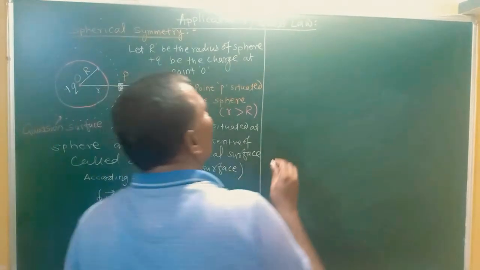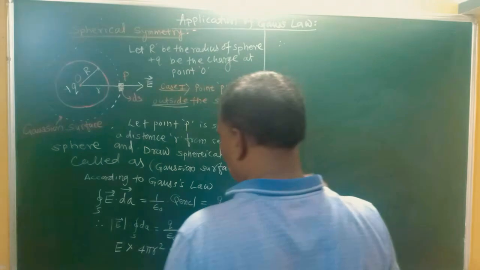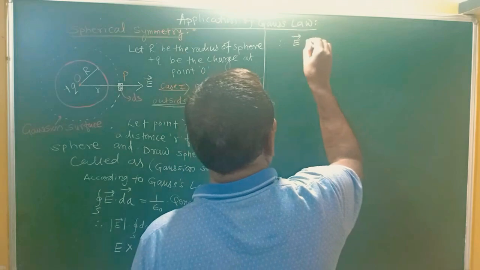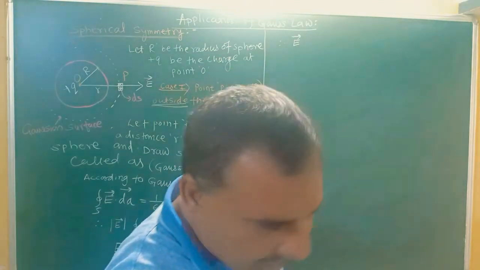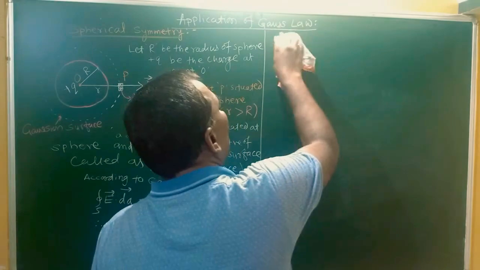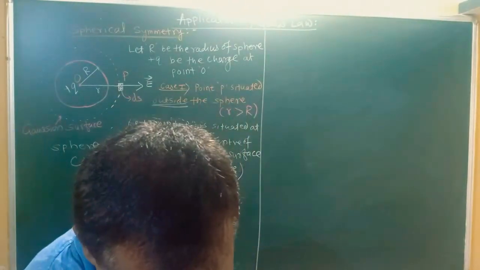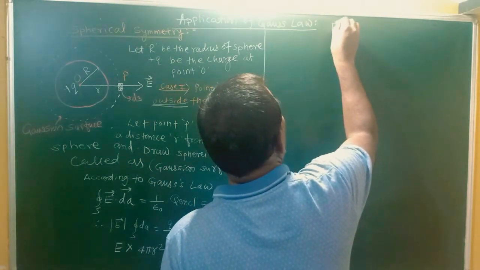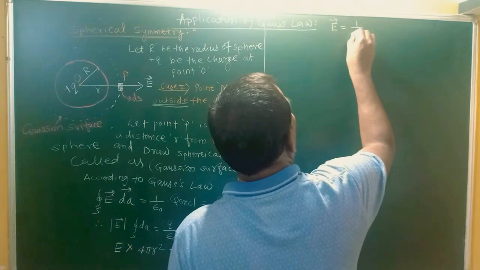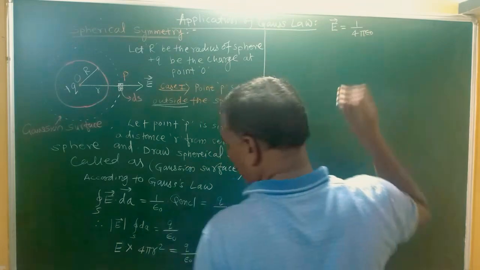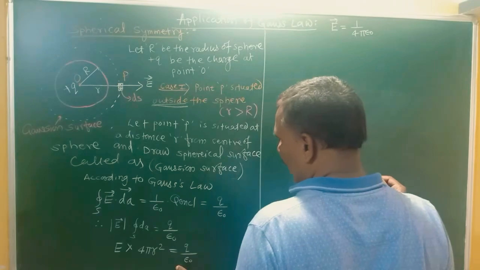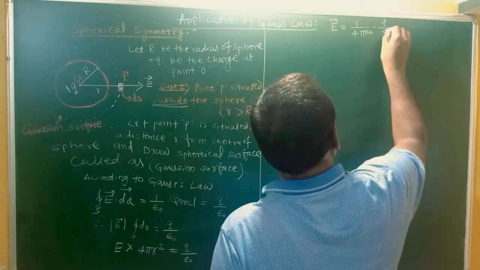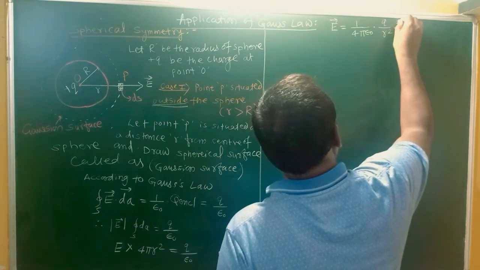And finally we get the electric field intensity E bar in vector form: E bar is equal to 1 upon 4 pi epsilon naught into q by r square into r cap.